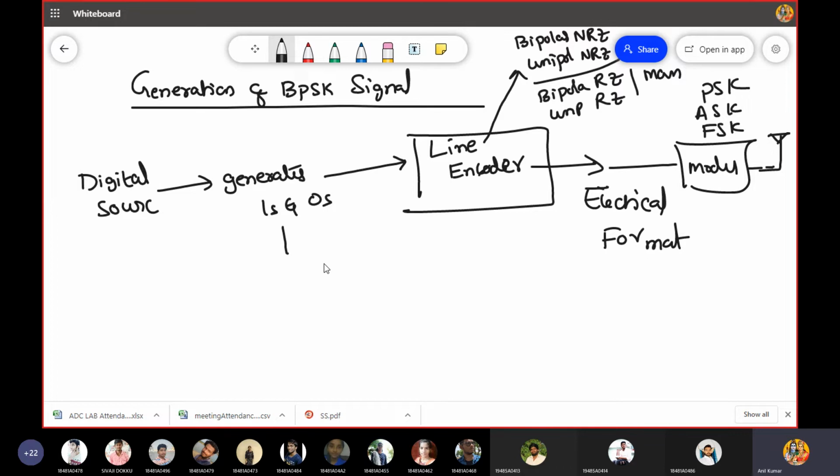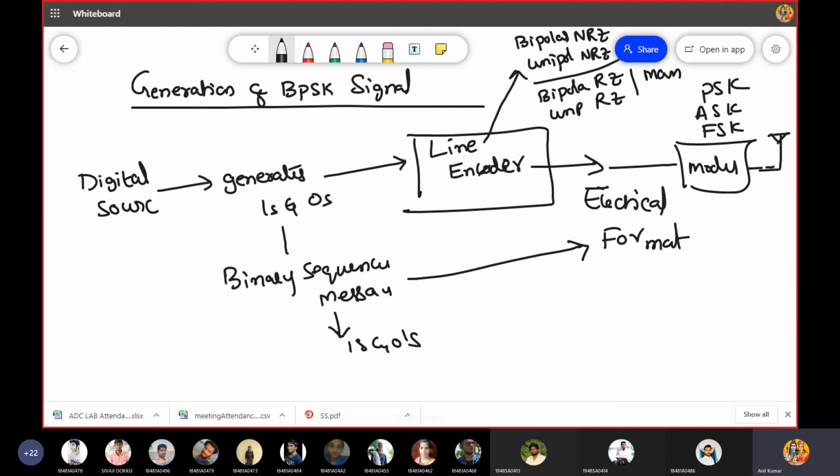What is the function of the line encoder? Ones and zeros are converted into the electrical form. The binary sequence is nothing but the binary message signal, and this binary message signal consists of ones and zeros, and these ones and zeros are converted into the electrical format with the help of the line encoder.